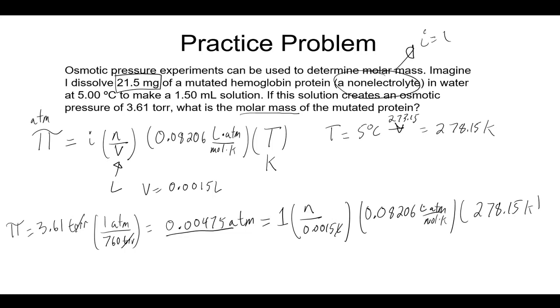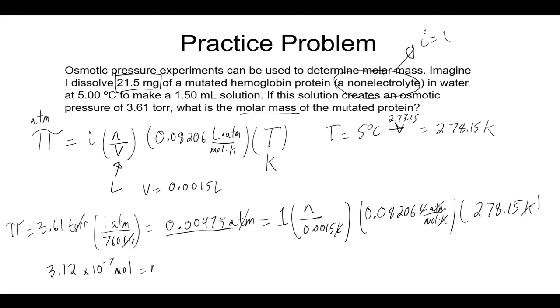Just make sure your liters will cancel with liters, your Kelvin will cancel with Kelvin, your atmospheres will cancel with atmospheres when you divide both sides by it, and you'll be left with moles in the numerator. So all of this you should be able to do and rearrange and come up with the number of moles. The value for n that you get after doing all that should be 3.12 times 10 to the negative 7 moles. That seems tiny.